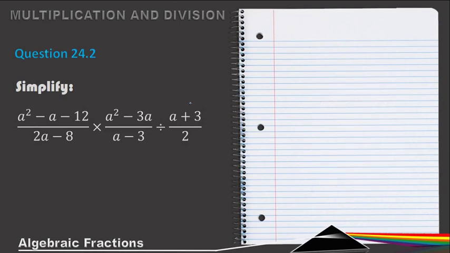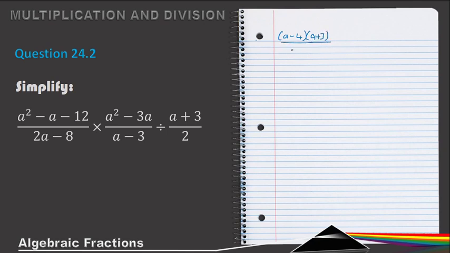Question 24.2. Now we start by factorizing and also changing this division sign into a multiplication sign. For the first one, we've got a quadratic factorization, and the factors of 12 that will give me negative 1 are negative 4 and plus 3. So we have a minus 4 and a plus 3, that's over.